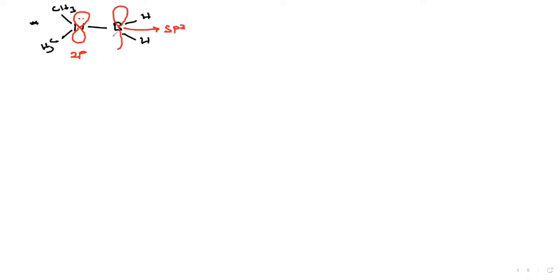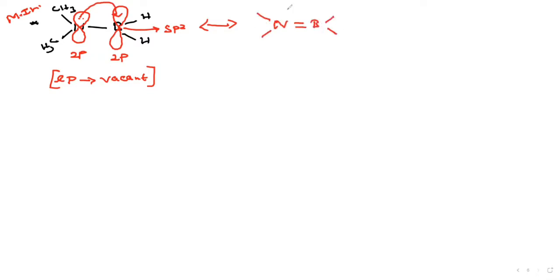Now, both are 2p, right? What type of resonance is this? The lone pair gives electrons to the vacant orbital. This type of resonance, vacant orbital. Now they undergo resonance. It's a new type. Most important, please. Now, what will happen? The lone pair will be donated to the vacant p orbital of the boron atom. Therefore, nitrogen and boron, then this is minus and this is plus charge. Understand?